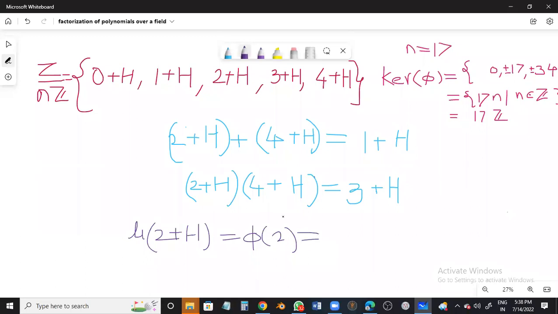So 2 divided by 5, it is what? 2 only. So mu of 2 plus h you are defining as 2. Mu of 1 plus h will be 1. Mu of 3 plus h will be 3 and mu of 4 plus h will be 4. So that will work. I hope that will help you. Okay.